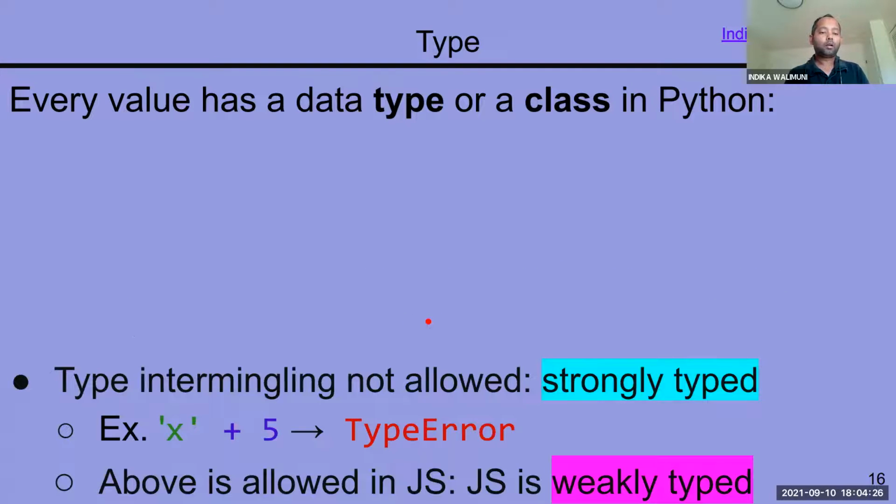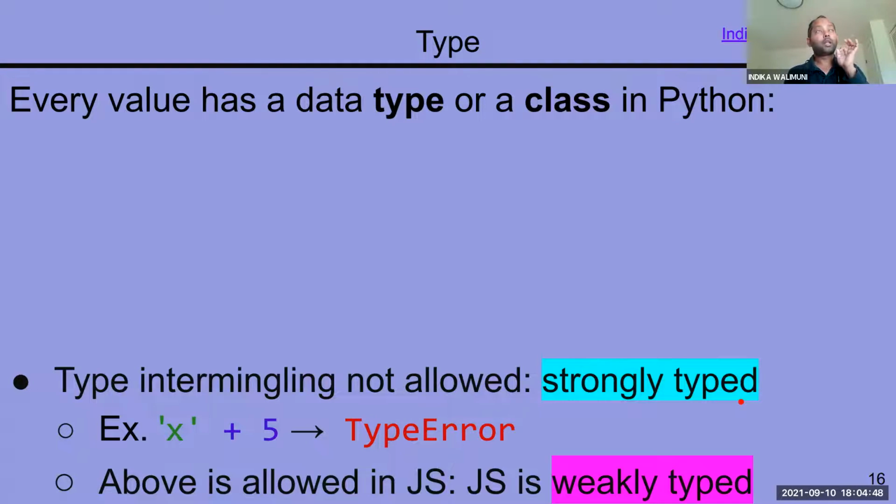And then type intermingling is not allowed. That means once you have realized your type, messing with that is not allowed. We call that concept strongly typed.